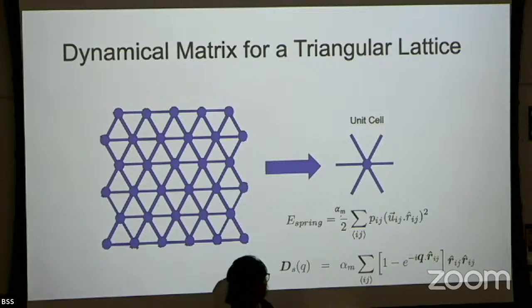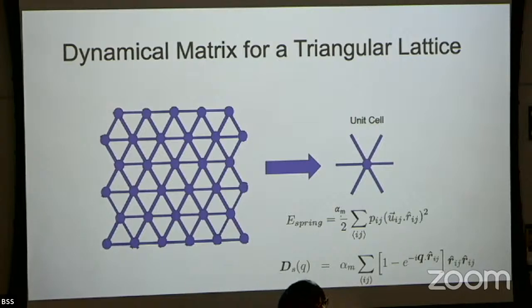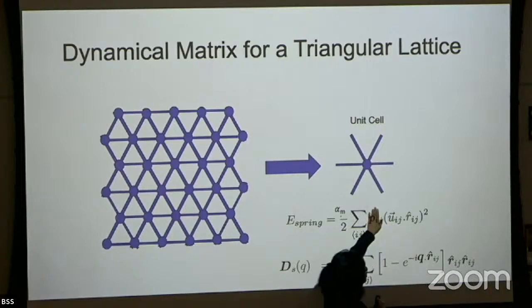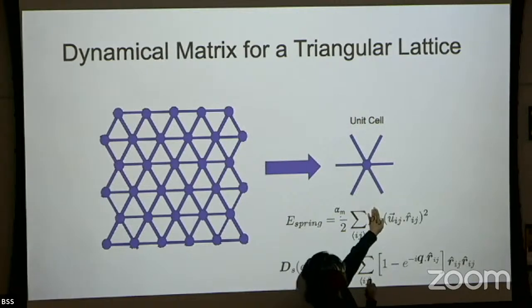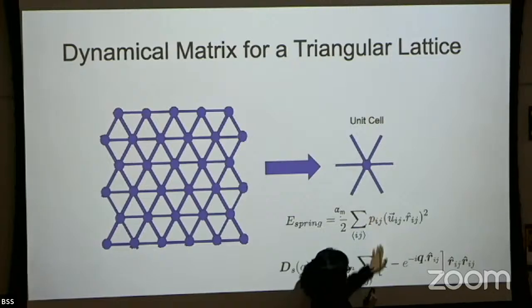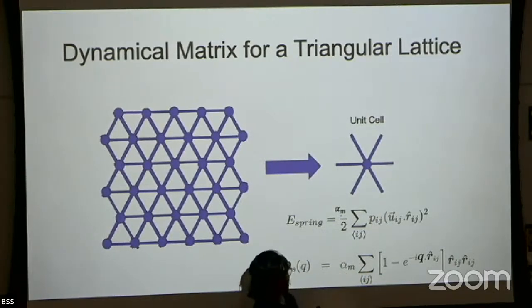Isn't the dynamical matrix coming from the P? The dynamical matrix is a property of the fully ordered network, like your friend was asking and I was telling you. The reason the P is still here is because I wrote down the energy for the full disordered network. But the dynamical matrix, we calculated for an ordered network where all the spring constants are alpha n.